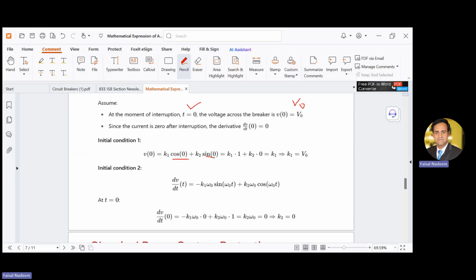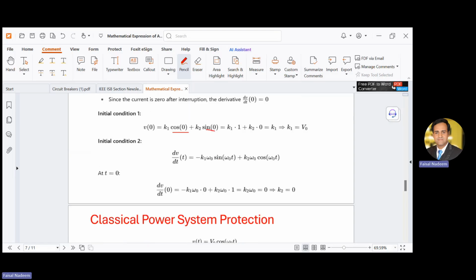Then we will apply the second initial condition, dV by dt at time t equal to 0. Here we have sin omega naught of 0, and omega naught cos omega naught of 0. Again, we have sin 0 here and cos 0 here. So the first term will become equal to 0, and here we have K2 omega naught cos 0, which is again 1.